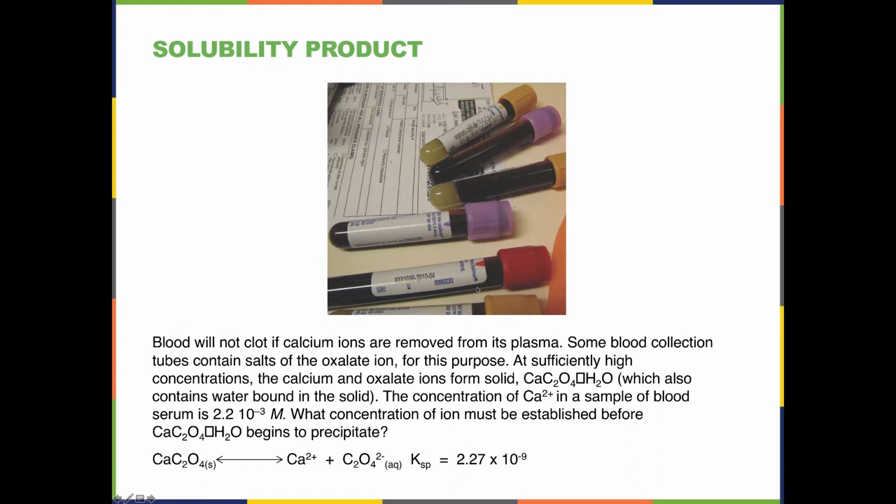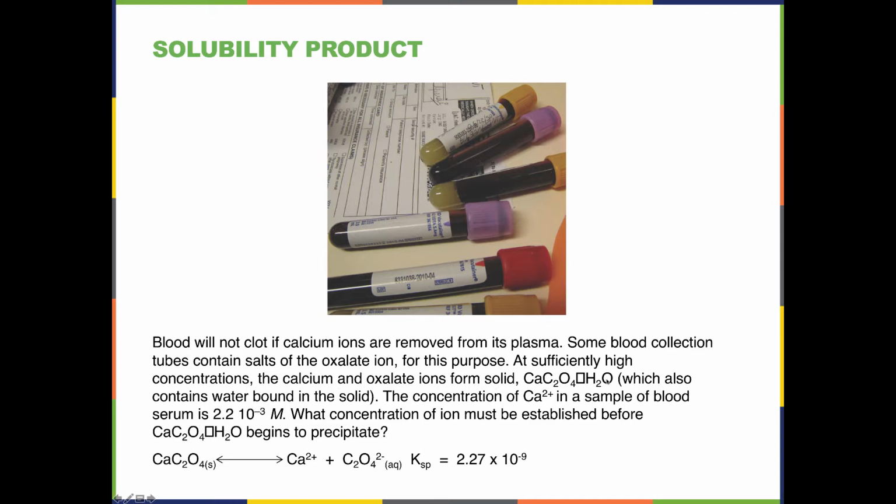Now, blood does not clot if calcium ions are removed from the plasma. Calcium is a necessary part of the clotting system. Blood collection tubes contain salts of oxalate, and the purpose of the oxalate is to bind calcium and prevent it from being in the solution. And the solubility product of calcium oxalate is 2.27 times 10 to the minus 9.